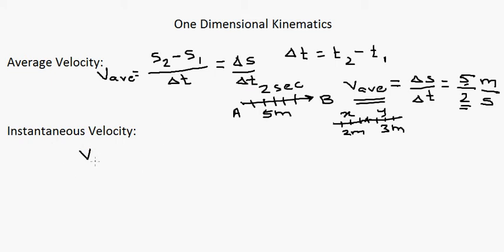So how do we denote instantaneous velocity? Well, instantaneous velocity, of course, is always delta s over delta t. But what is changing over here? The only change is that at an instant, the time duration is very small. When we say it's just an instant, we mean a very short duration of time. So this delta t is very, very small.